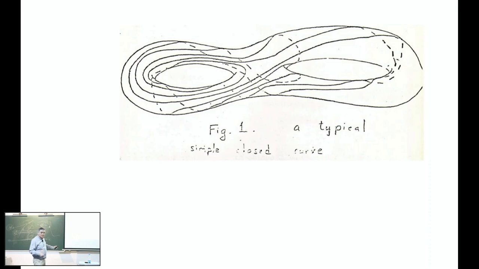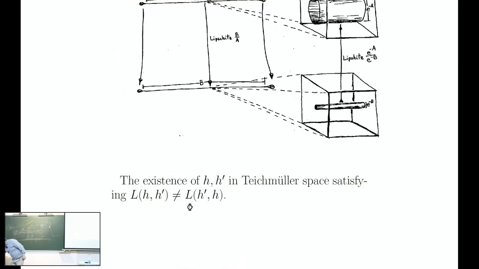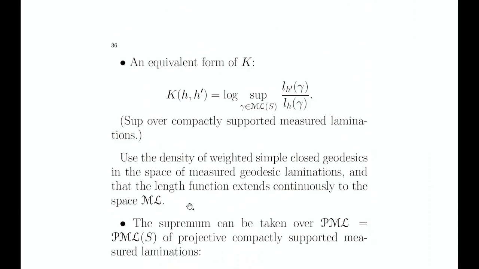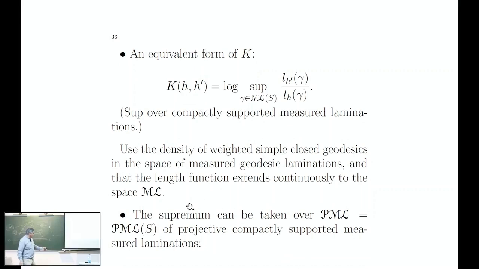And the fact which I'm saying is that you can approximate general geodesic laminations by simple closed curves. And this is what this says here: density of weighted simple closed geodesics in the space of measured geodesic laminations, and the length function of simple closed curves extends continuously to the space of measured geodesic laminations.